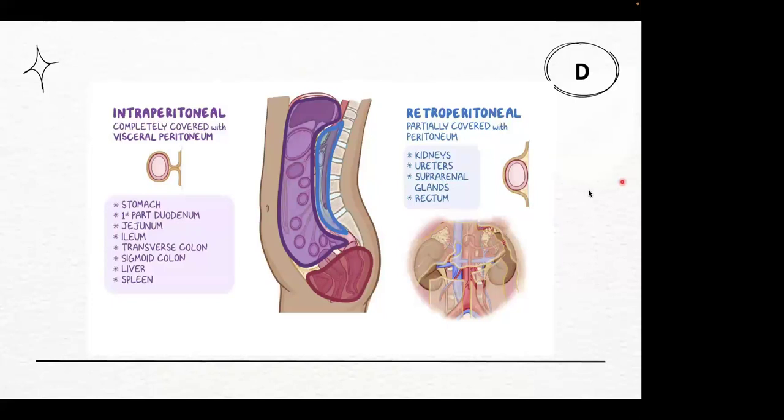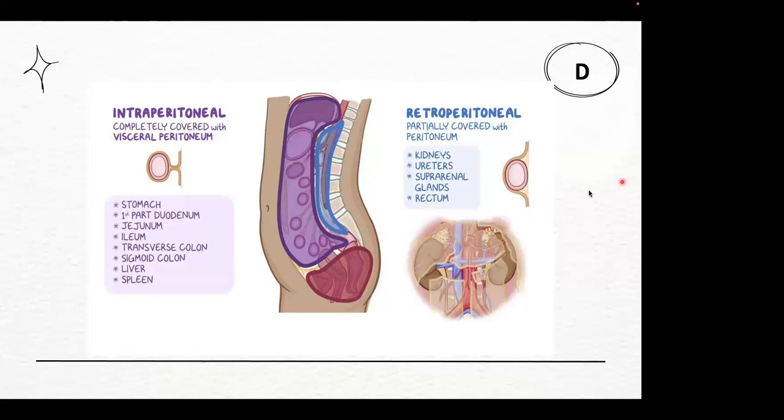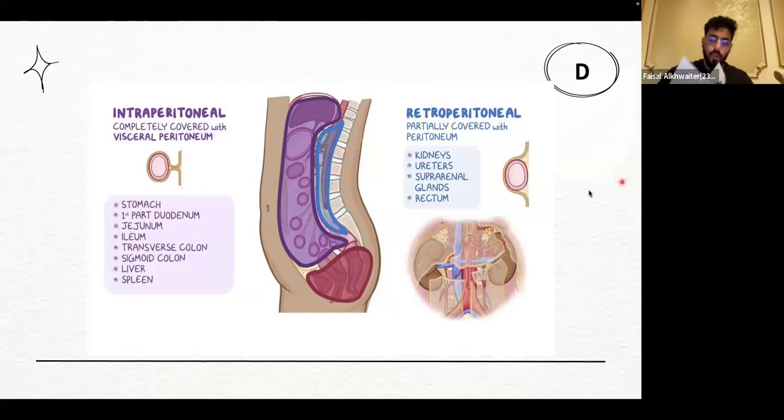Okay. So what if this was pushed into a wall? Okay, my hand is a wall. So the organ is pushed to the wall, and the peritoneum is doing just this. This would be retroperitoneal. This is retro. I don't know how to show you guys.